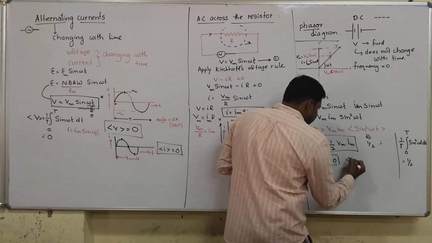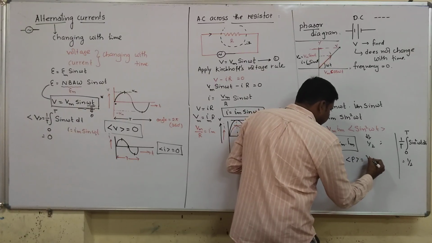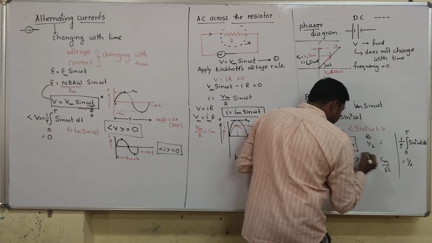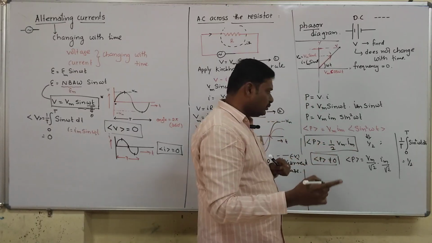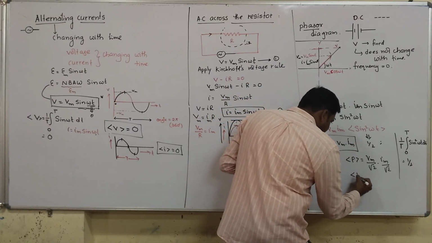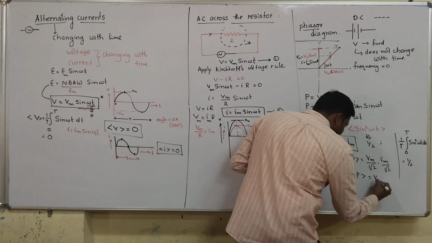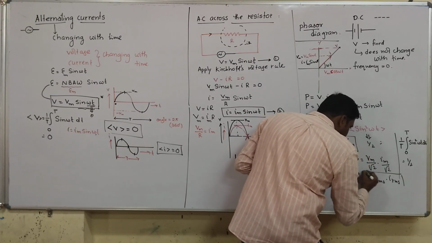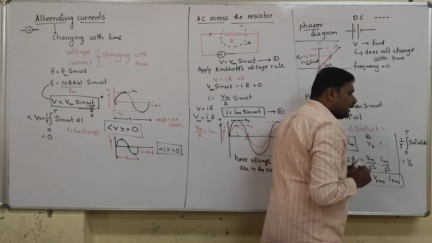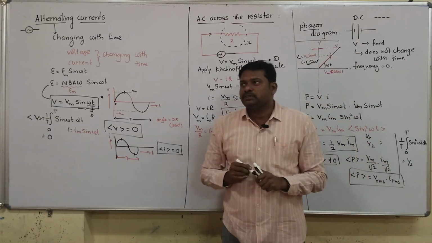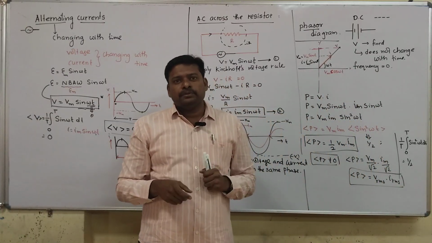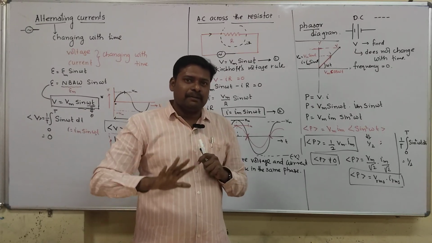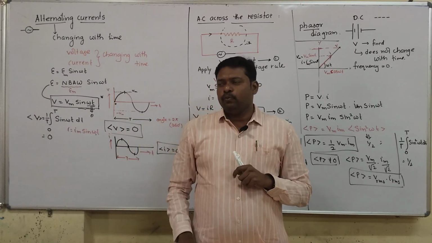I also write this as Vm by root 2 and Im by root 2, right? 2 can be written as root 2 into root 2. So we write it as Vrms and Irms. What is RMS? Root mean square voltage and root mean square current, Irms. Generally, at our homes, when you measure the voltage, that voltage is called RMS voltage, root mean square voltage.